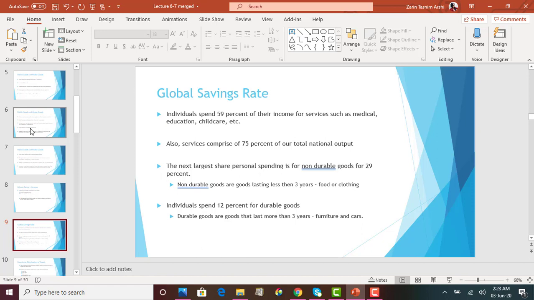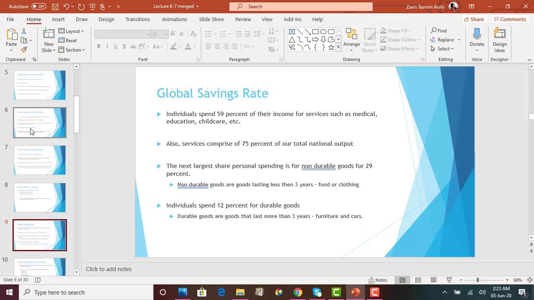And then the remaining 12% of the income is spent on durable goods on average. So the remaining 12% is spent on durable goods by Americans. Now when I say durable goods, what are durable goods? Durable goods are goods that last more than 3 years, so the life expectancy of these types of goods is more than 3 years.